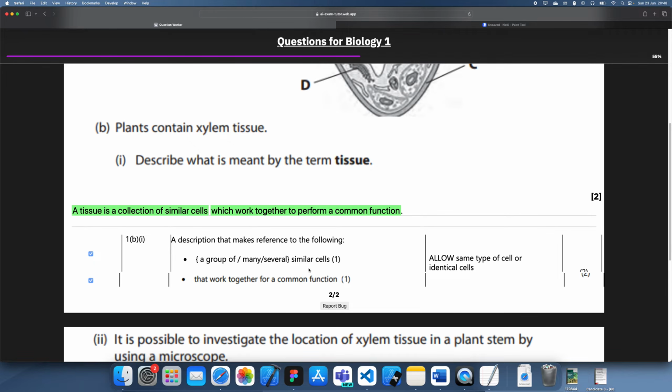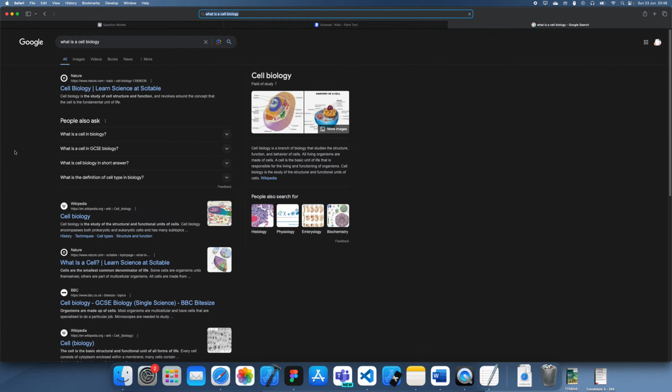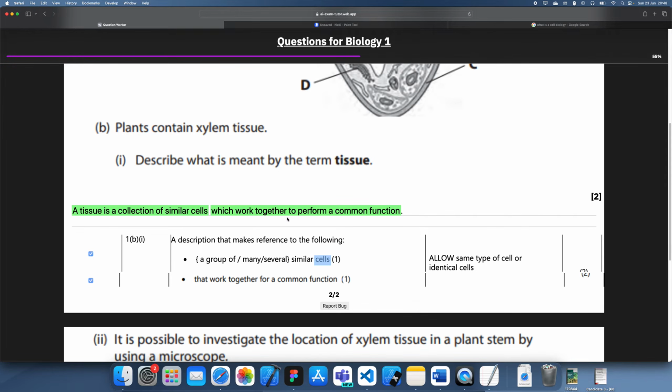Another thing that's really important is you need to be curious. For example, if you didn't know what a cell was, I'd need you to search up what is a cell, and research things and make sure you fully understand everything in the mark scheme.